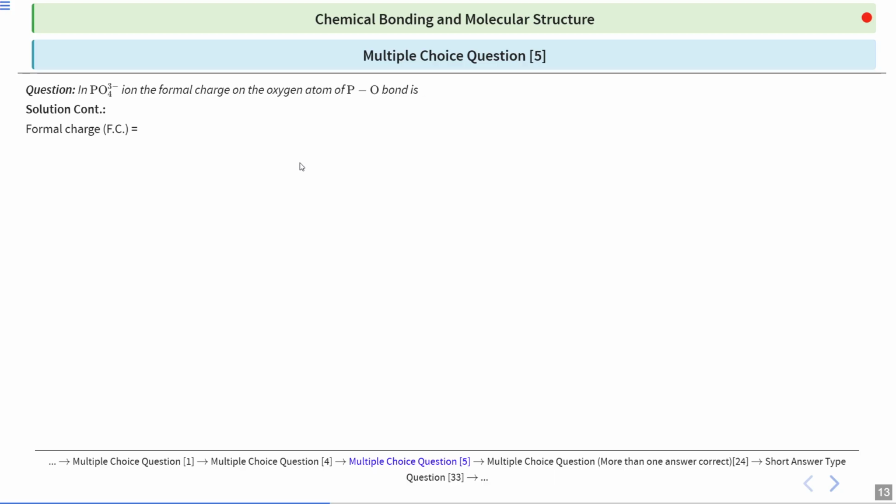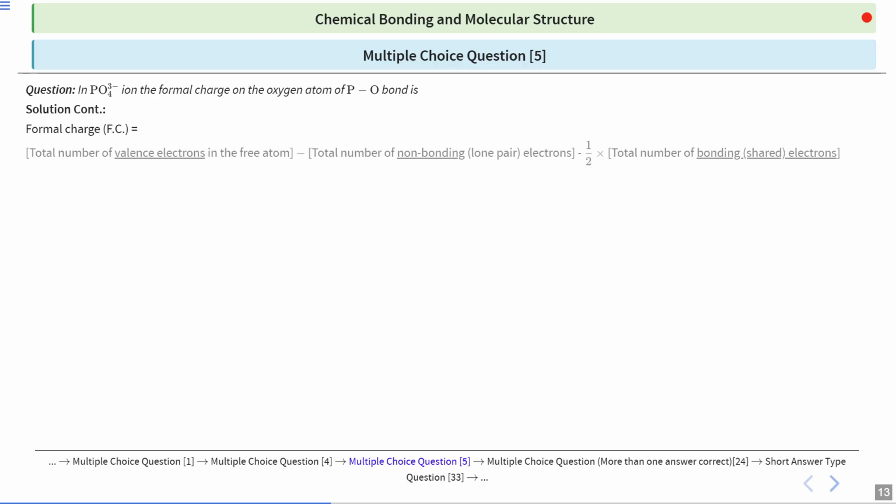Now your task is to first of all write the formula for formal charge, which is given as total number of valence electrons in the free atom minus total number of non-bonding electrons minus half of the total number of bonding electrons. So this is the simple formula to calculate the formal charge.